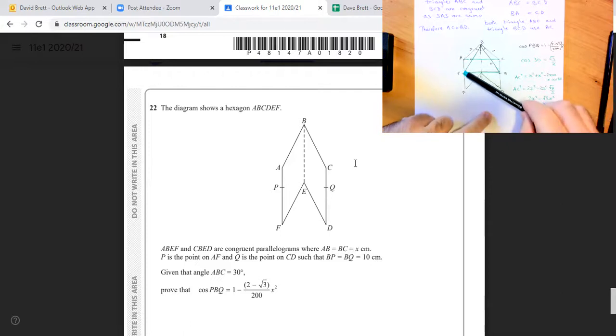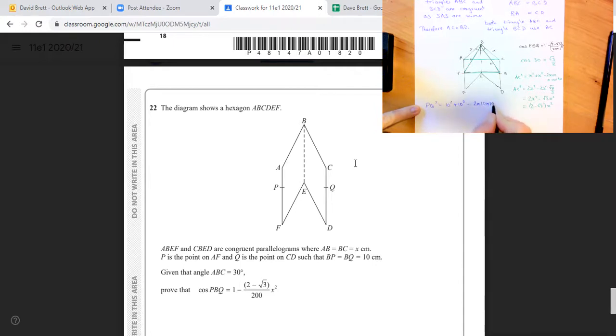So let's do something similar. I can use triangle PBQ. So I now know that PQ squared equals 10 squared plus 10 squared minus 2 times 10 times 10 times cos of PBQ. So that's 200 minus 200 cos PBQ, and that's what PQ squared is.